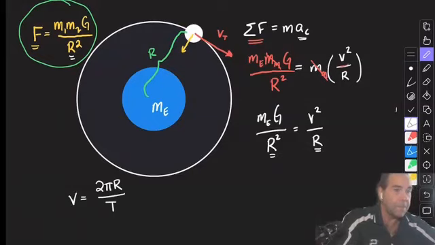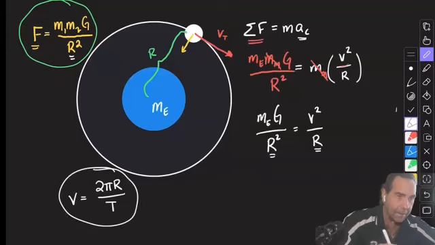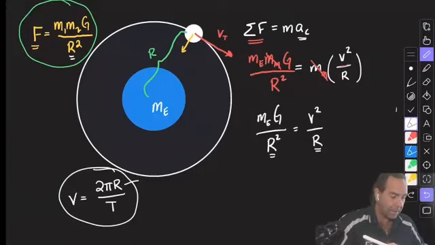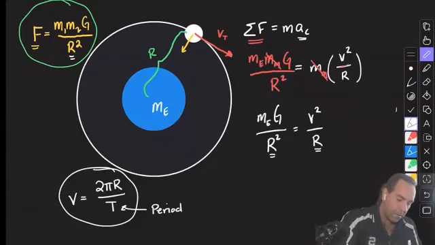When they start asking you what the period of the orbit is, they're talking about this. Since it's at a constant speed, we can figure out how fast it's going by dividing how far it goes by how long it takes. That's this. Because it's traveling in a circular path, the path it travels is a circumference. And we use a capital T for what we call the period of revolution.